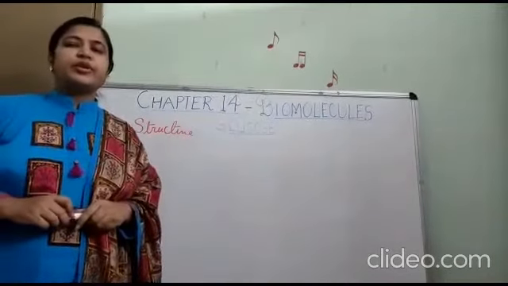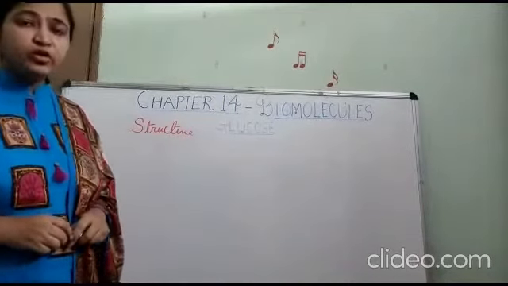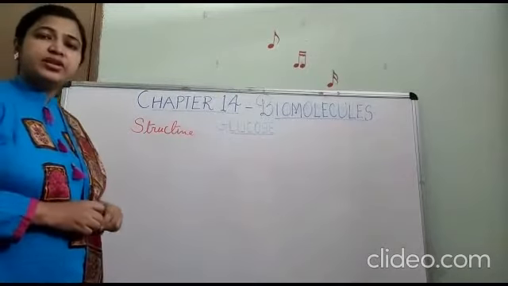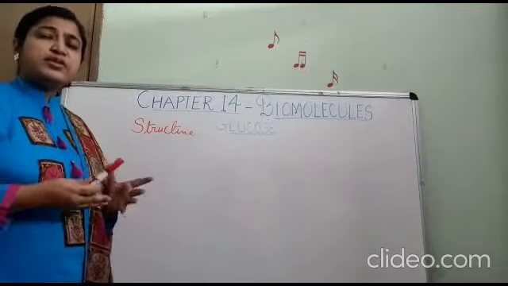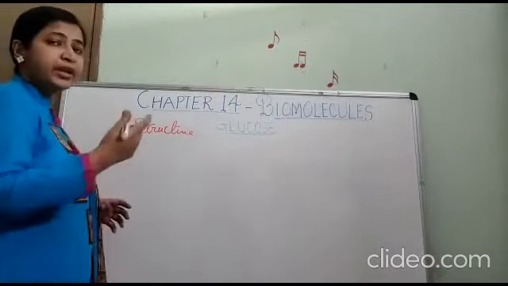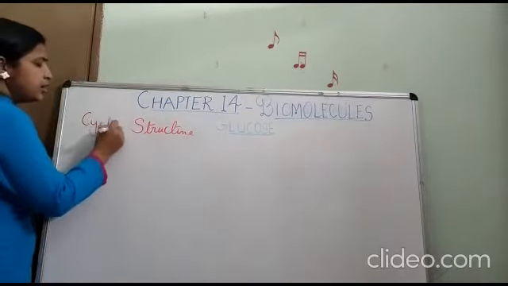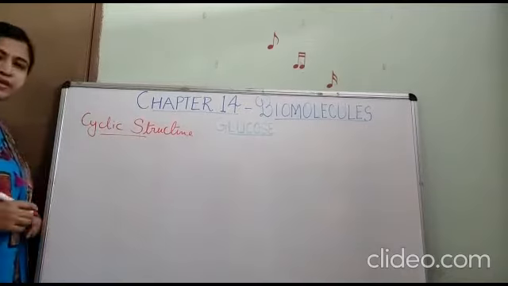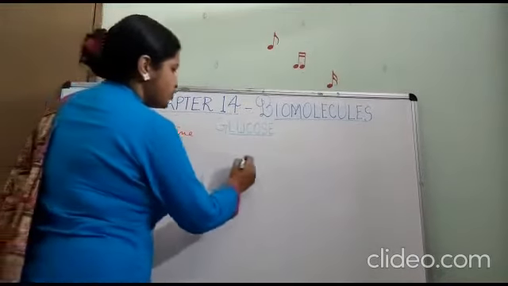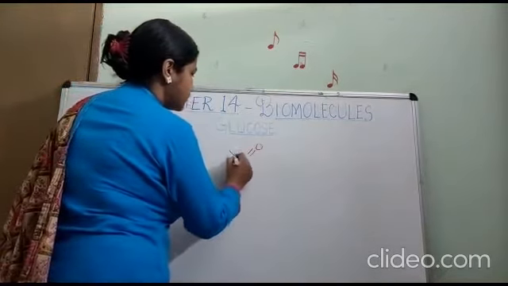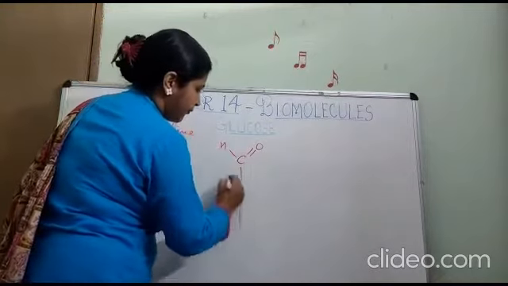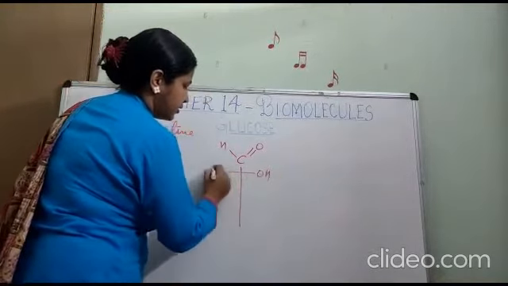Since certain properties of glucose could not be explained on the basis of the planar structure, it was thought that maybe the planar structure of glucose can be replaced by a cyclic structure. So the planar structure of glucose, which we have studied earlier, is this.